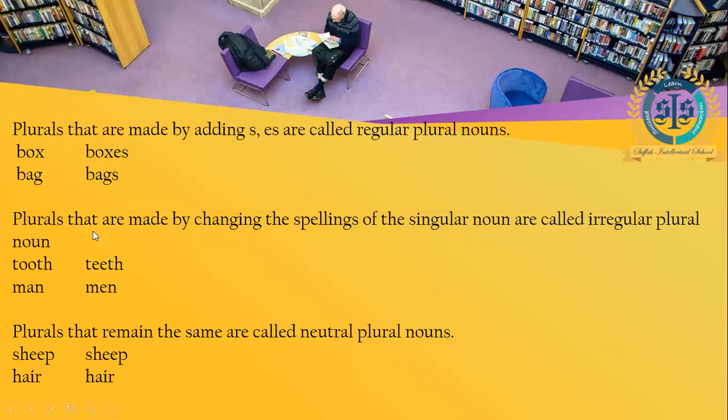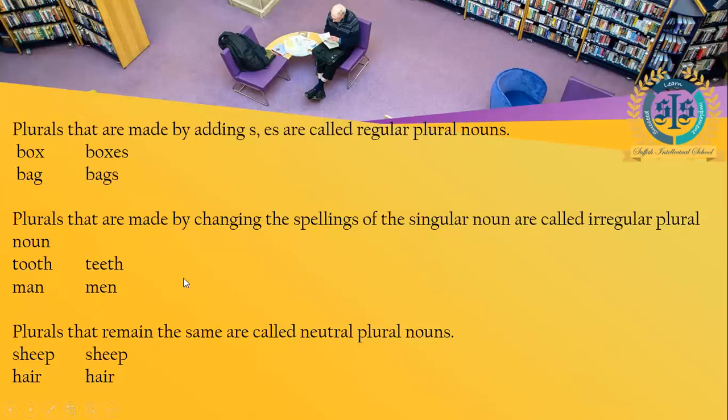Then we have plurals that are made by changing the spelling of the singular noun, which are called irregular plurals, like tooth becomes teeth, man becomes men. Tooth is with double O, but when it becomes plural, it becomes teeth with double E. Man has A in it, but when it becomes plural, it has E in it.